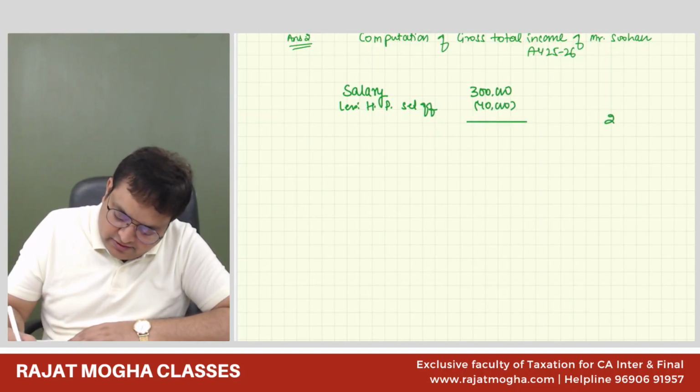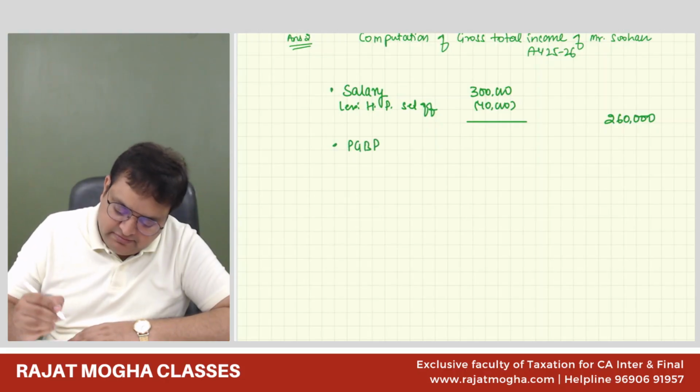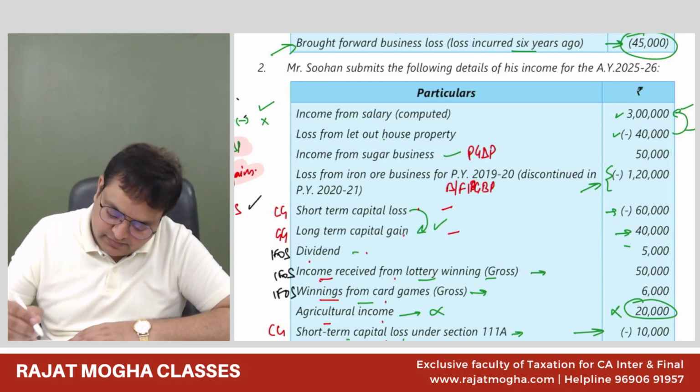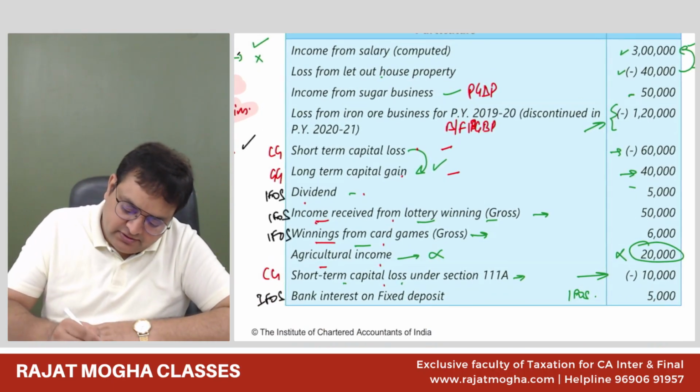So in the outer column, we'll have 2,60,000 as salary. Then we have a PGBP income also. Income from sugar business, 50,000.